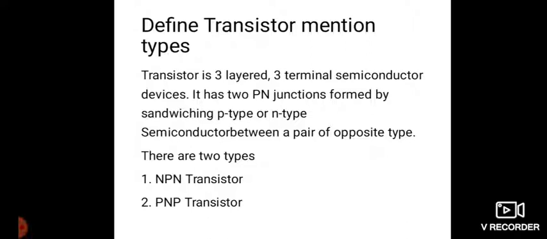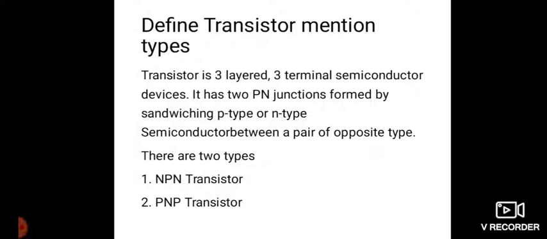That is, the transistor has 3 layers, PNP or NPN, and all those 3 layers joined together form 2 junctions, and if a terminal is extracted from each of the 3 layers, then it becomes a 3-terminal device.